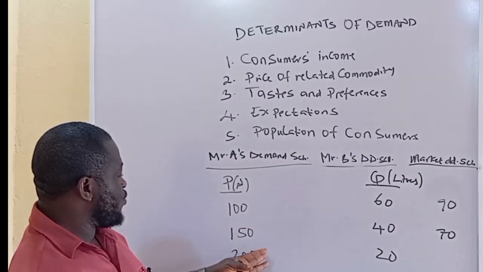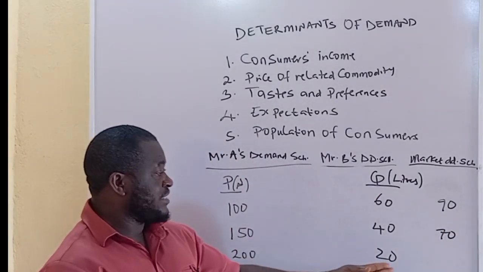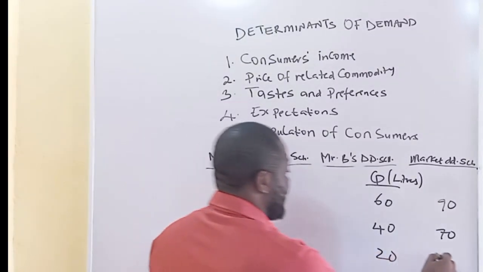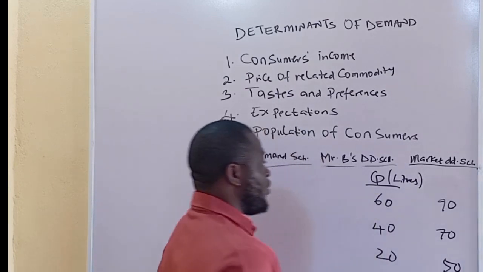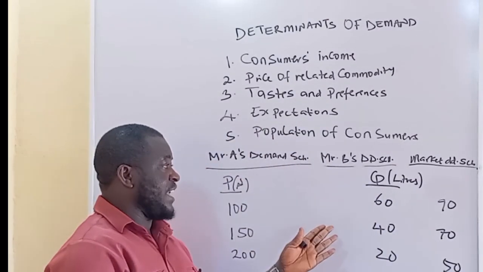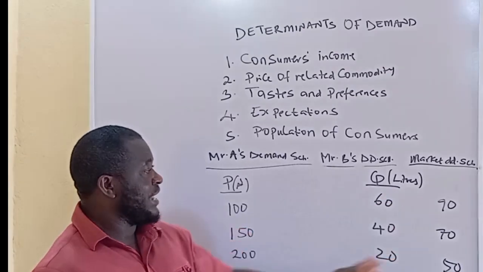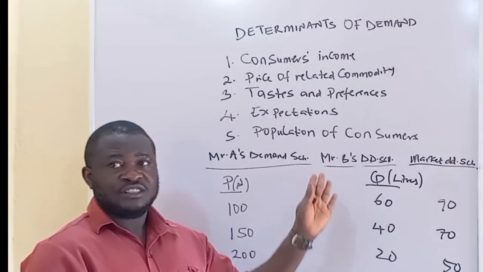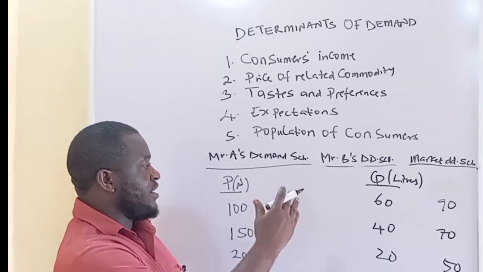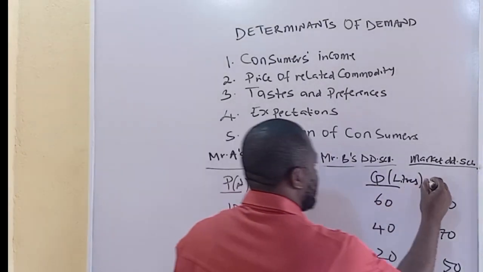While at the price of 200 naira per litre, Mr. A, instead of consuming 20 litres of petrol, can now afford to purchase 50 litres of petrol. Hence, we see that as a result of the increase in the income of Mr. A, the quantity demanded at those prices has increased. Hence, the quantity demanded has moved rightwards.